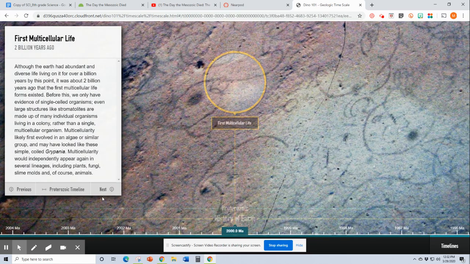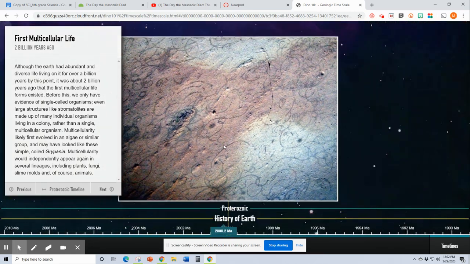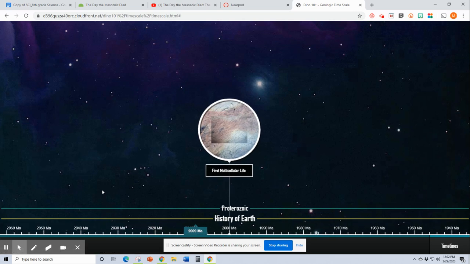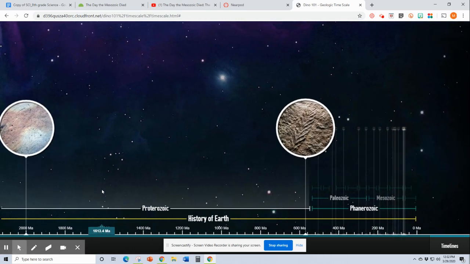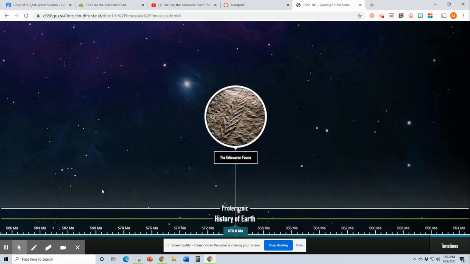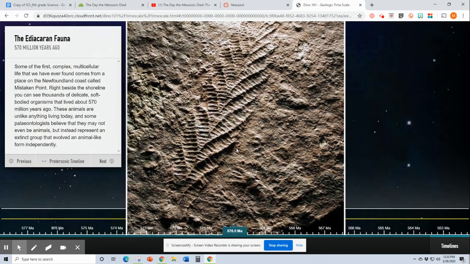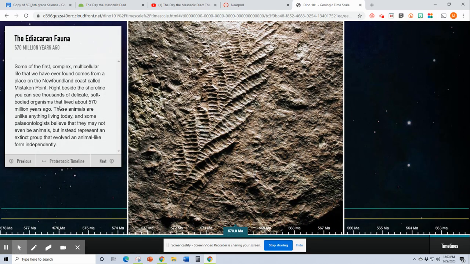Now we have multicellular life starting to come along. Okay, so I'm not going to click all the way through. I just want to make sure that you're comfortable. And again, what we want you to do is click through and at least look at each of the pictures, at least read this little bit of information. That's not very much. Okay, you can do it.